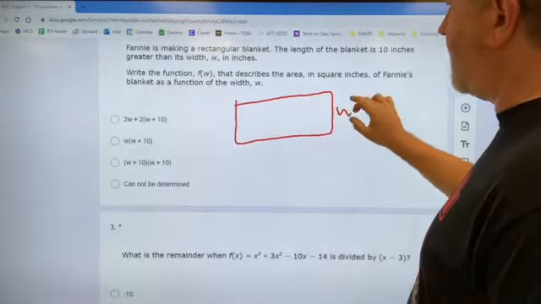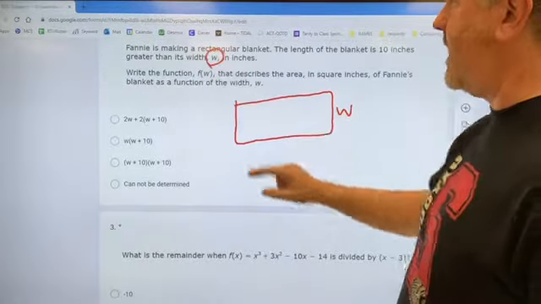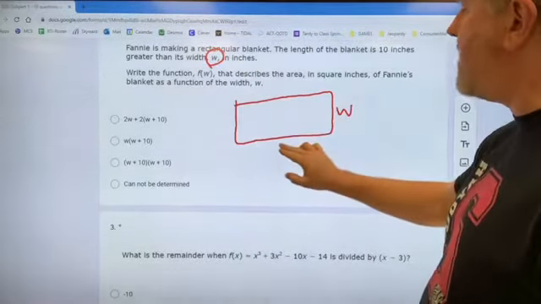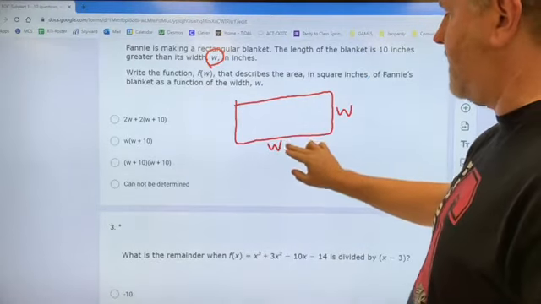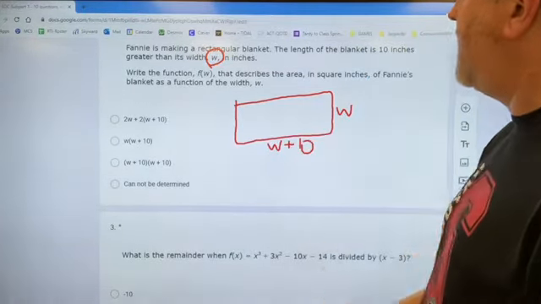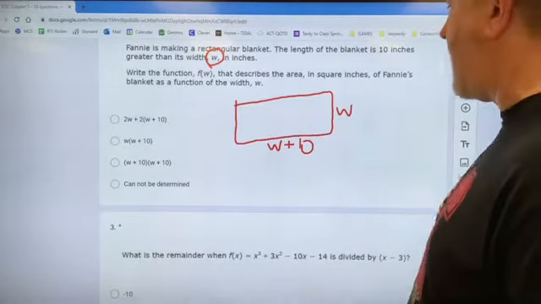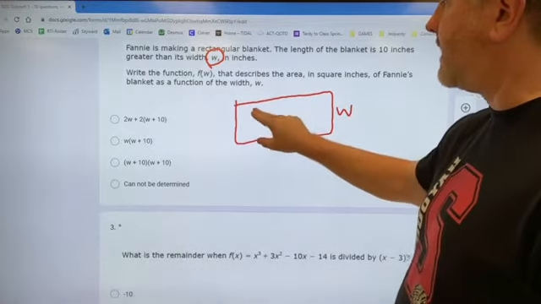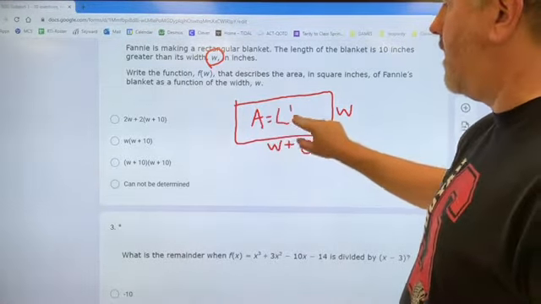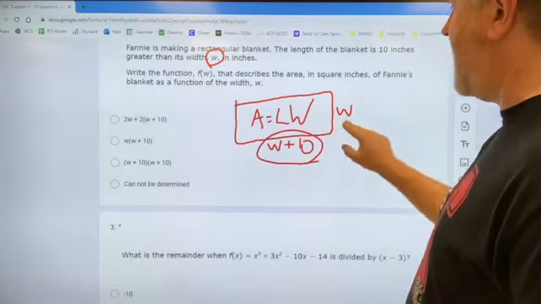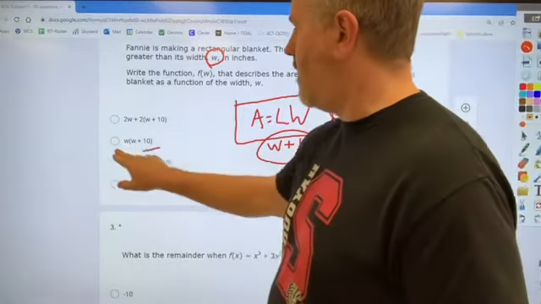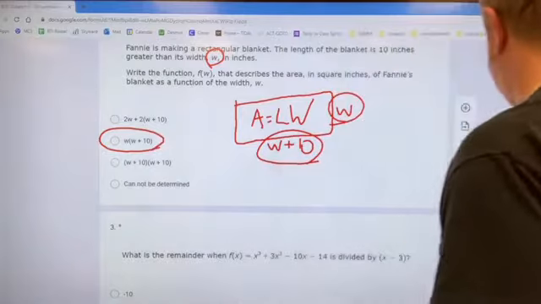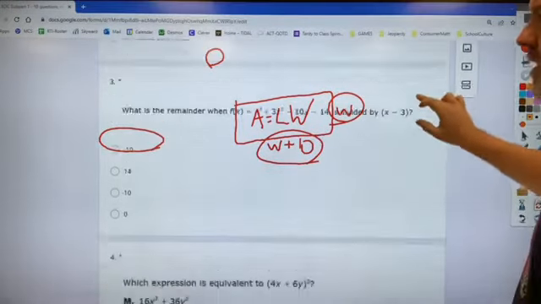So we're going to call the width W because it tells us it's W. The length is 10 more than W, so the length is W plus 10. And we need to describe the area. Area is length times width. So it's just going to be that times that, or B right there. All right, let's move on to the next one.